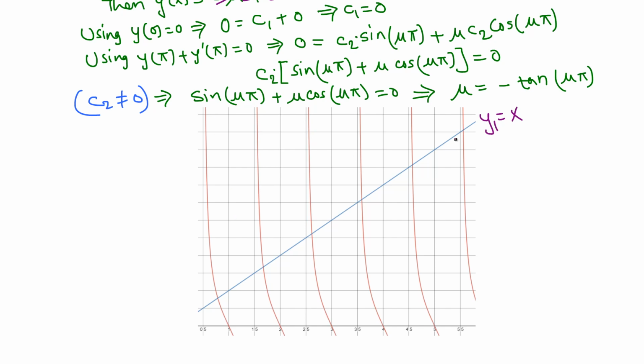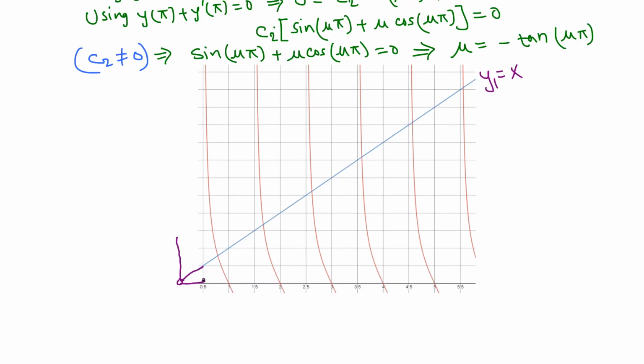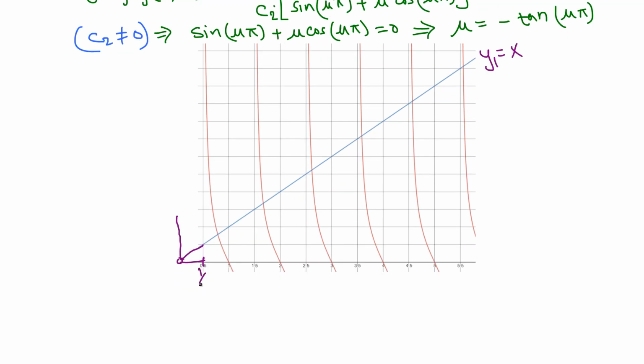So these graphs: this is the identity line. I did not show the origin here, so somewhere here. This is the identity line, y1 equals x. Second curve, these lines. By the way, the π is already there, so for tangent of πx we get a vertical asymptote at x = 1/2. Here this is 0.5, that's 1/2.